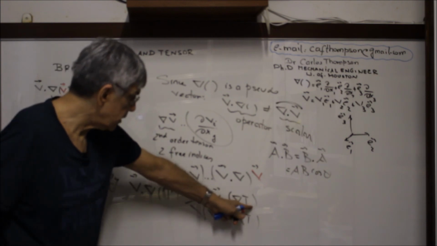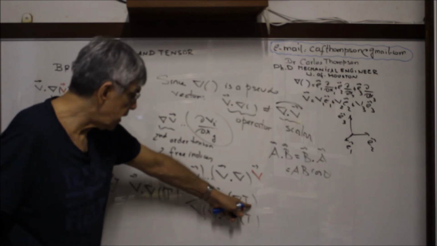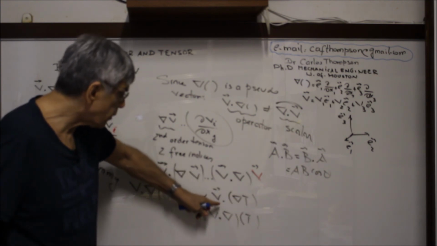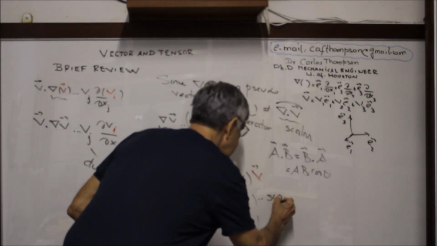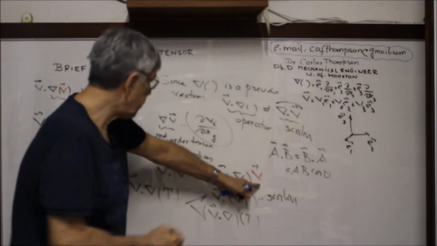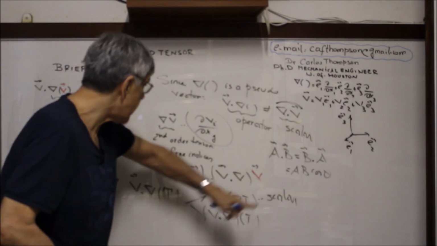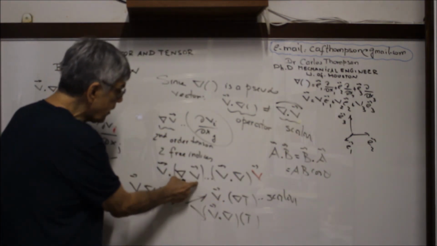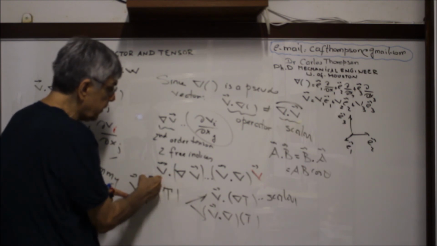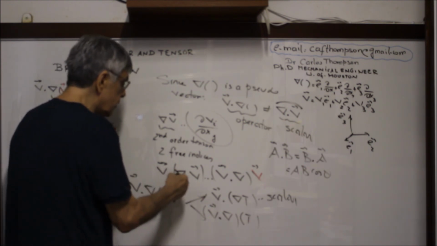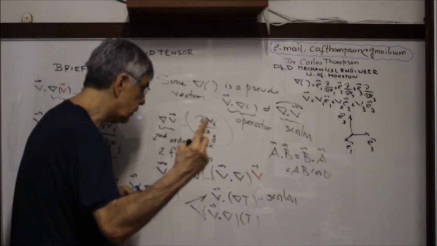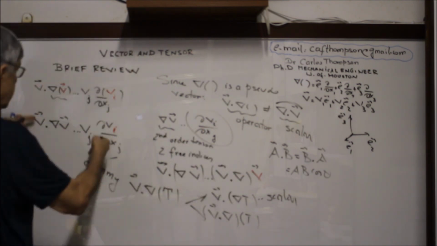Now, what is the result of v dot nabla t? t is a scalar. The gradient of a scalar is a vector. A dot product between two vectors is a scalar. It's different from here, because here it is a vector. You see, this is a second order tensor, this is a vector. A dot product between a first order tensor and a second order tensor will be a first order tensor, a vector, like here.